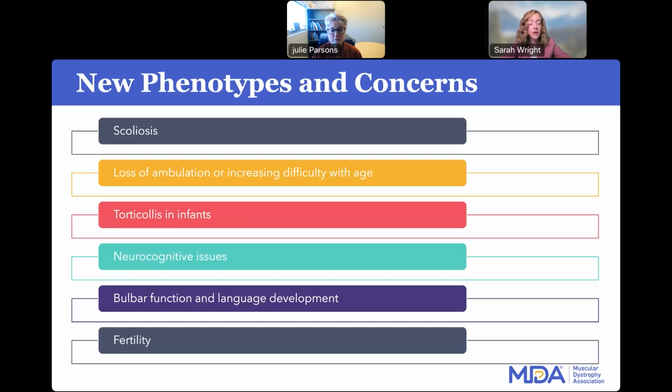And some of the ones that we'll spend more time on today are neurocognitive issues, bulbar function, language development, and fertility. And so just in regard to bulbar function and language development, we really haven't had a great way to monitor bulbar function in our patients. It was more prevalent, of course, in our type 1 patients who historically would need a G-tube.